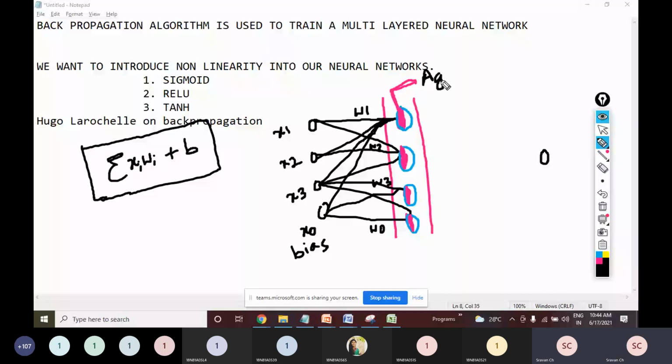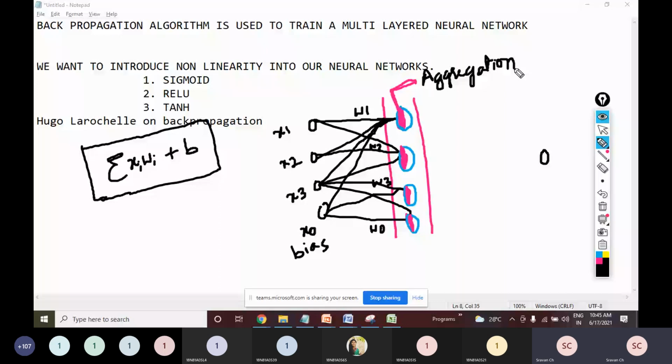These concepts you will not understand easily if you try to go through the textbook or any other videos. So whatever content we are discussing is by referring to multiple textbooks as well as multiple other resources. So aggregation, this first part, is nothing but our normal perceptron's output, sigma of xi wi plus b.